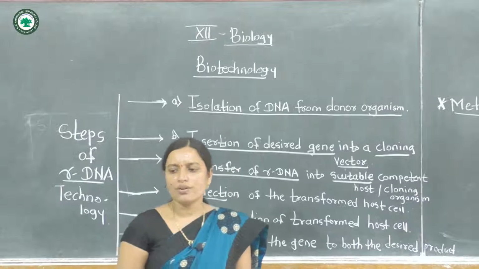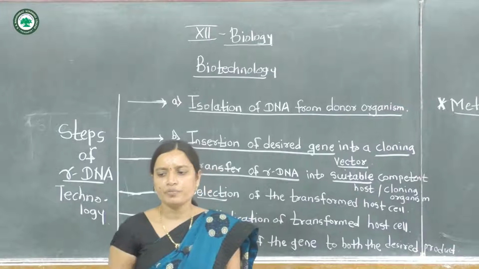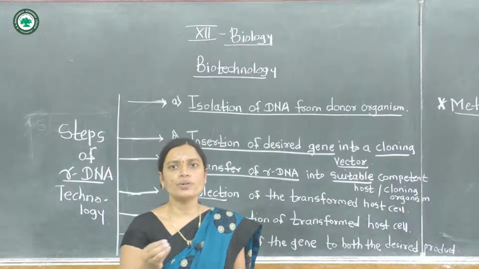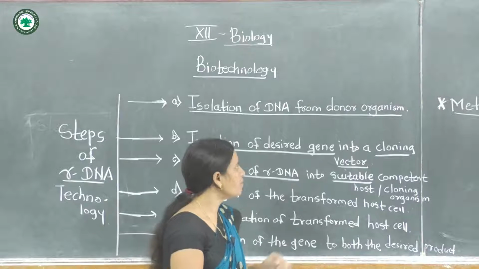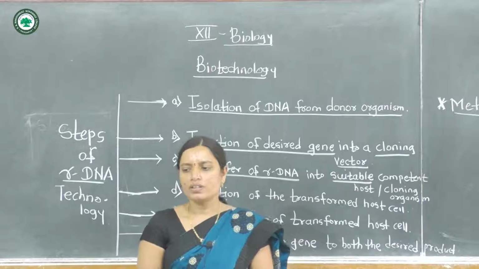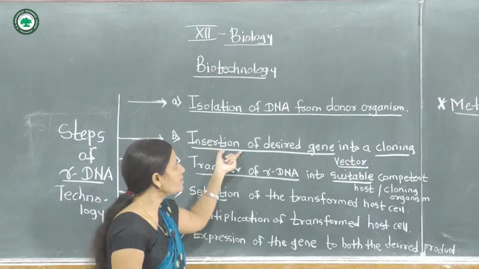The specific or desired DNA to be cloned is obtained from the specific donor cell. This DNA is isolated in the first step. Now the second step is insertion.